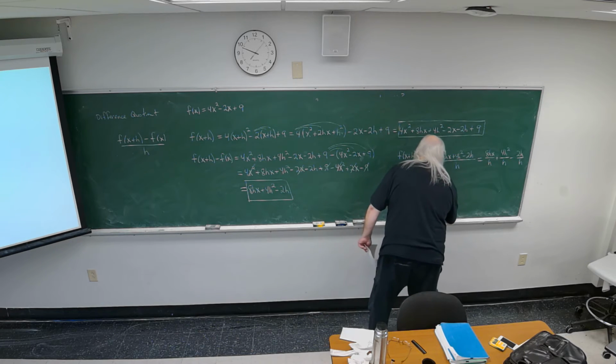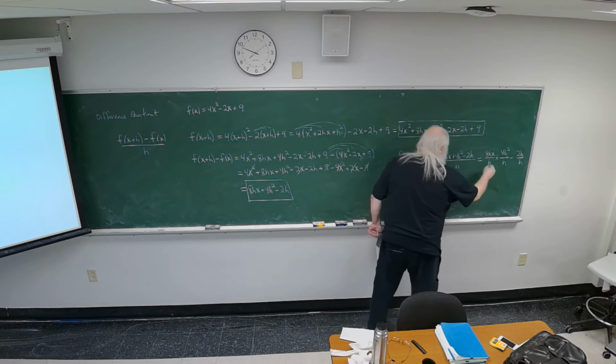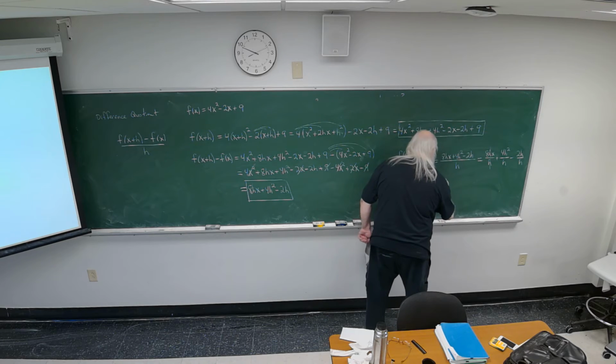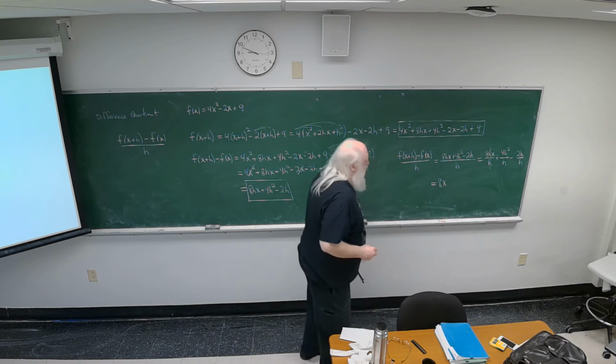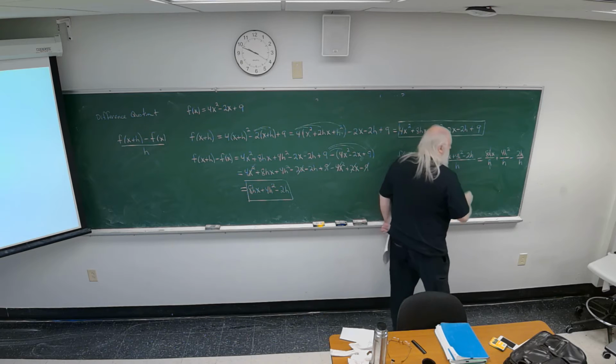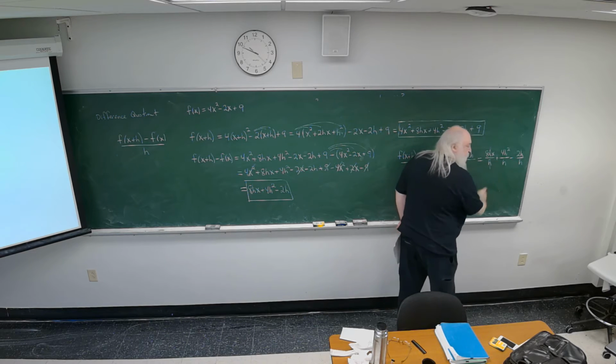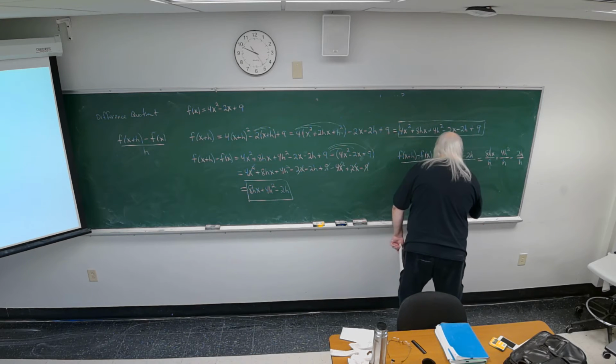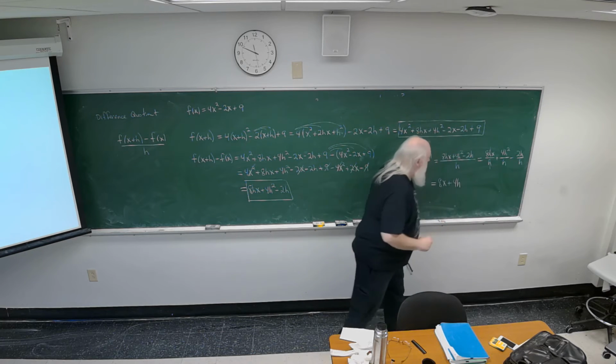Well, in this first quotient, the h's cancel, and we're left with 8x. Rules of exponent: in the second quotient, h squared over h is just h. So we're left with 4h.